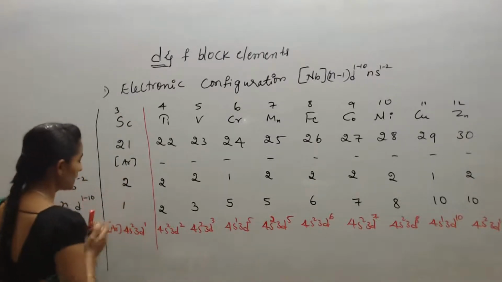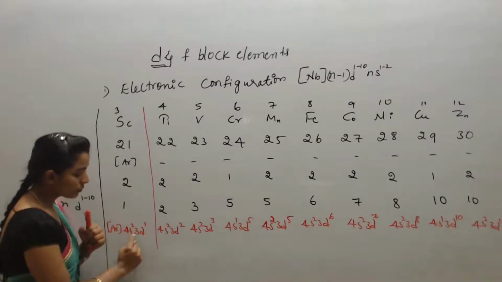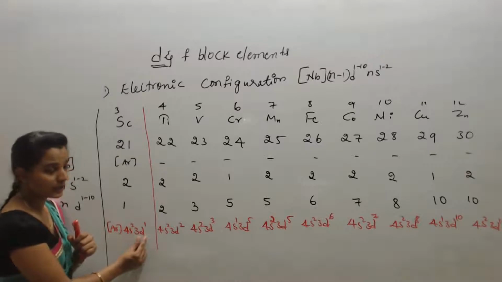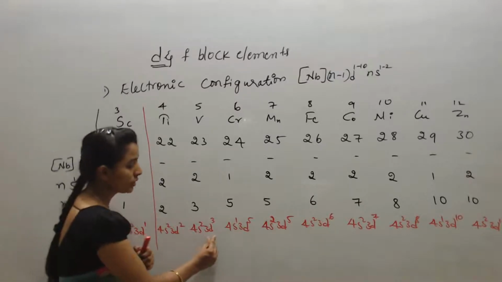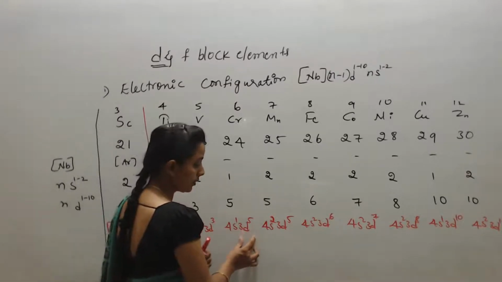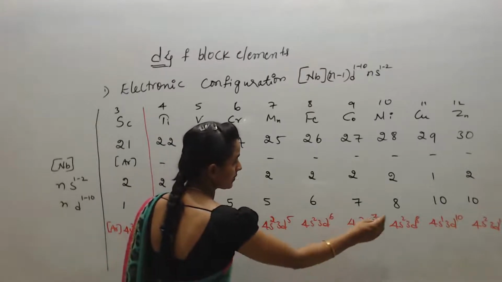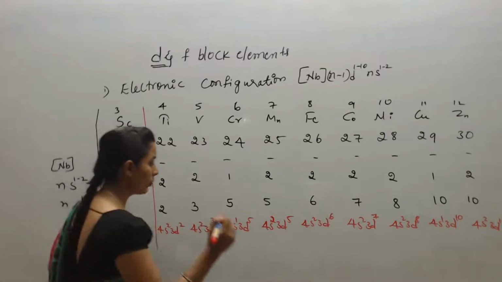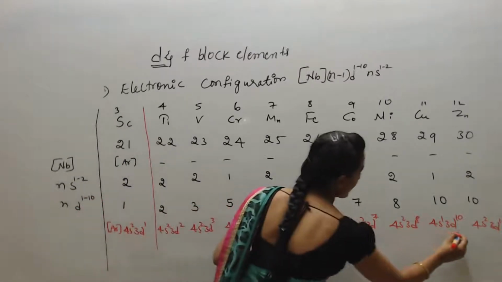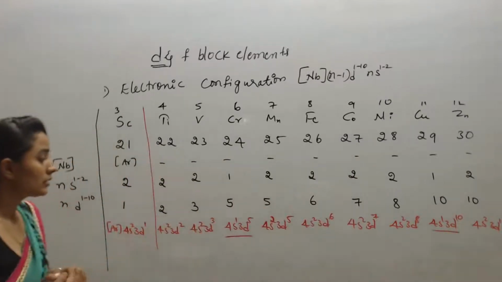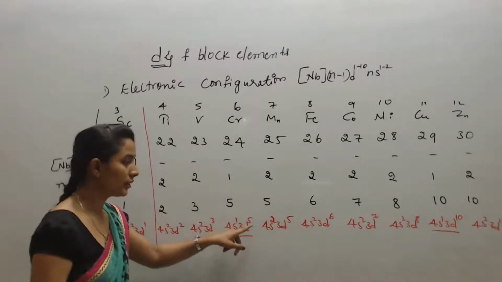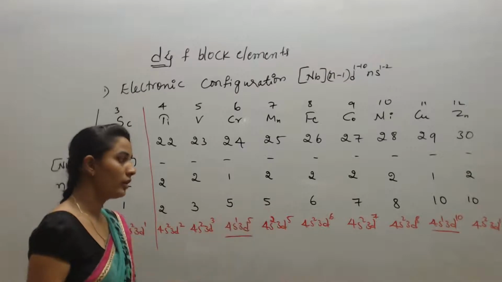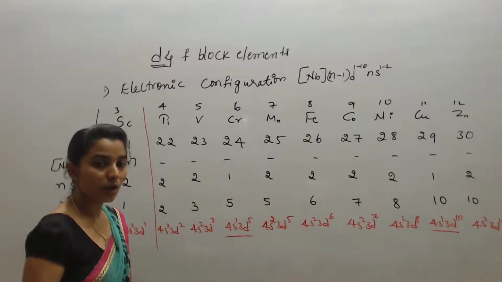So listen here, 4s2 is there, 3d1 is there. Of course, the valence electron enters into the d section: d1, d2, d3. Here d4 we expect, then d5, d6, d7, d8, d9 and d10. But instead, only in two cases we have the configuration 4s1 3d5 and 4s1 3d10, instead of 4s2 3d4 and 4s2 3d9. Why?